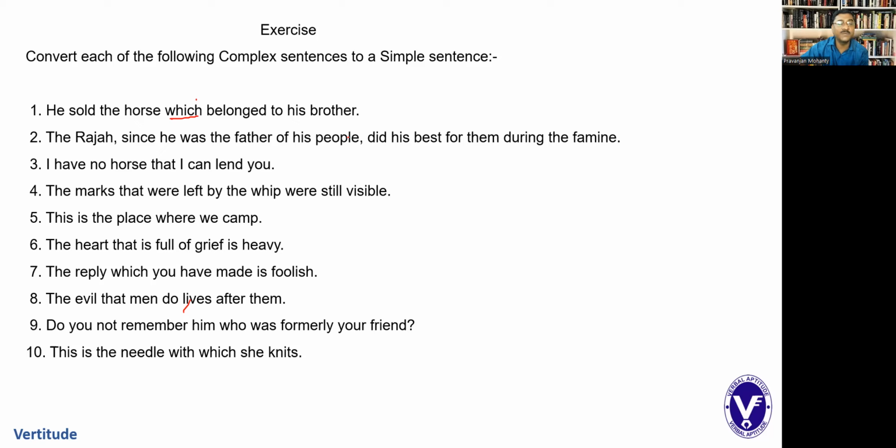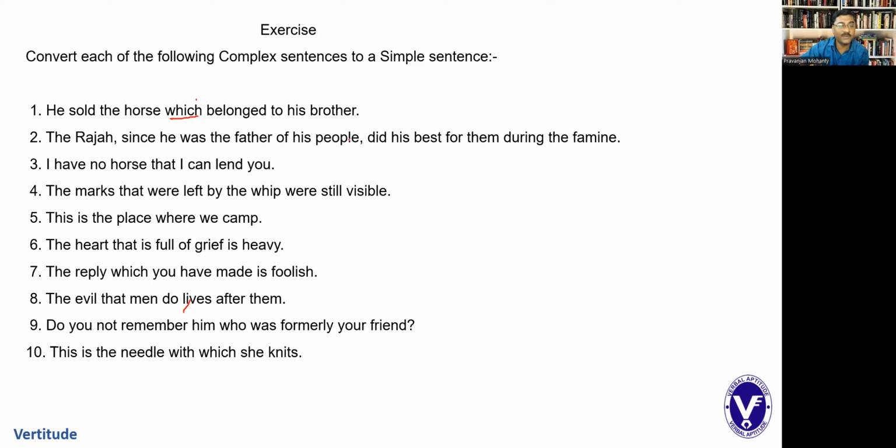The heart that is full of grief is heavy. His heavy heart is full of grief. The reply which you have made is foolish. He made a foolish reply. The evil that men do lives after them.